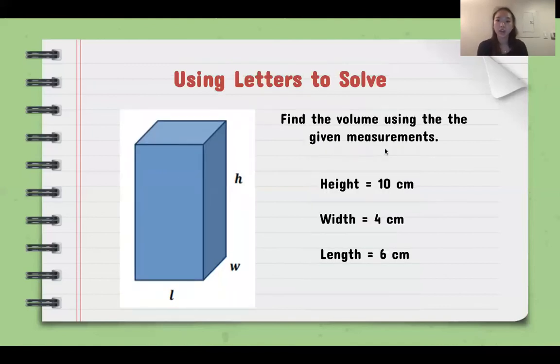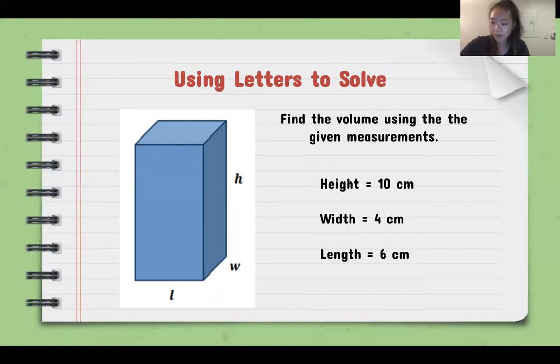So moving along, we are going to find the volume using the measurements given. So earlier in the previous slide, I had the units and the letters written out on the diagram. So now we are going to connect the units that they gave us to our diagram, and then we are going to find our answer for volume.